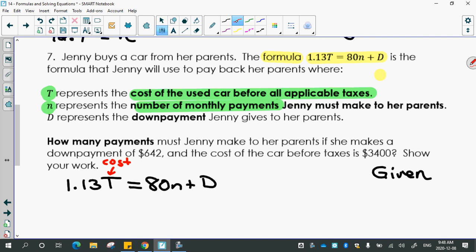So I'm going to put a little arrow to the N and use the number symbol, number of payments. So now I know N represents the number of payments and T is the cost. And then D represents the down payment Jenny gives to her parents. Okay? So D is the down payment.